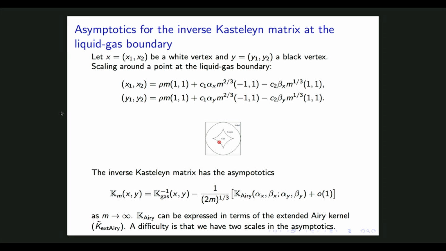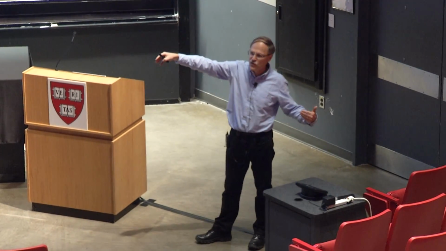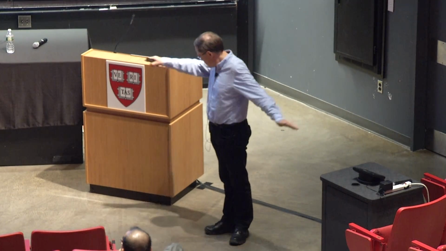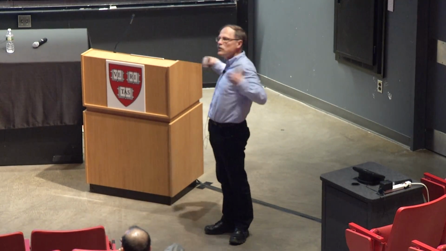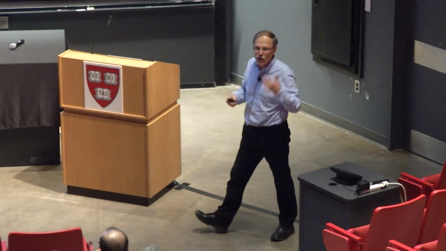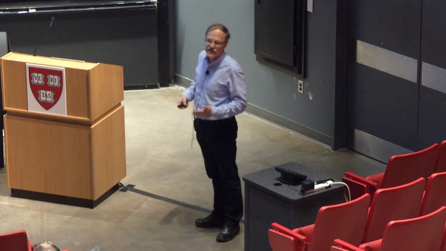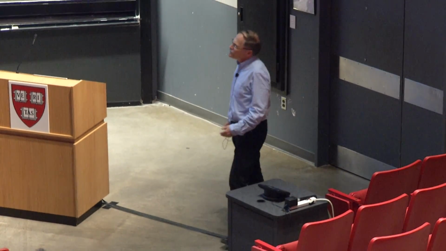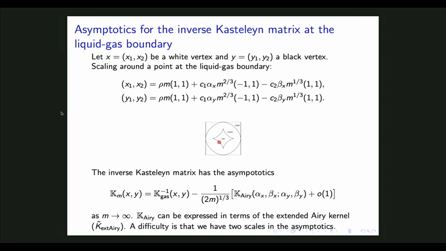But the typical distance between these long-range structures is actually m to the 1/3. So if I'm standing at a fixed position, I just see gas around me. Now and then I could happen to be at this line, but the probability of being just at one of these lines goes to 0, and this is what you see here. So that means that to separate these two effects is very difficult, because this is the dominant part.